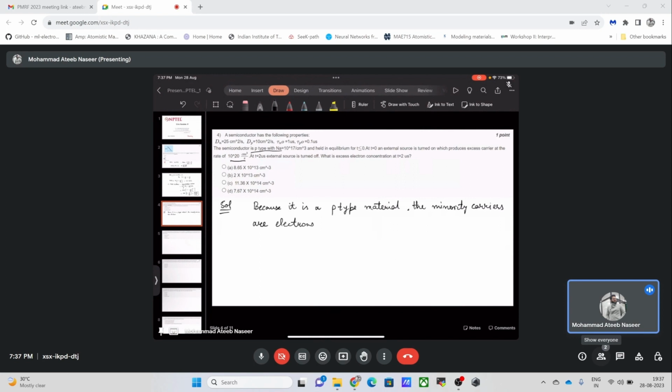Now if we use the continuity equation, we can simply say this minority electron concentration is given by the following. Dn is the diffusion coefficient, which tells us how easily the excess carriers can move under the influence of a concentration gradient. Mu n is the mobility, and it tells us how the electrons will move under a drift field, due to some external electric field which generates a force on the electrons, as a result of which they drift.